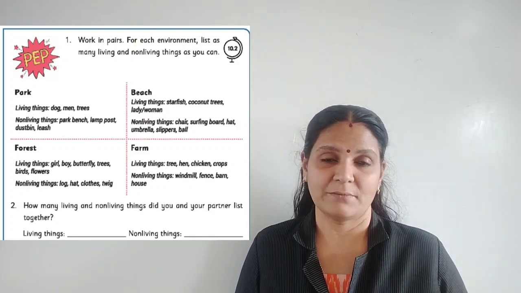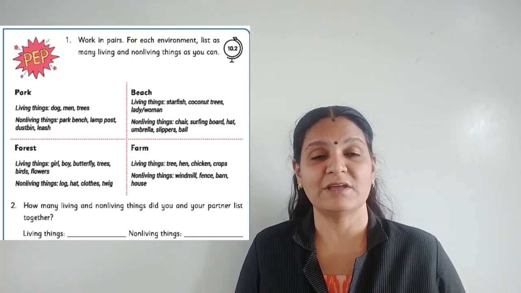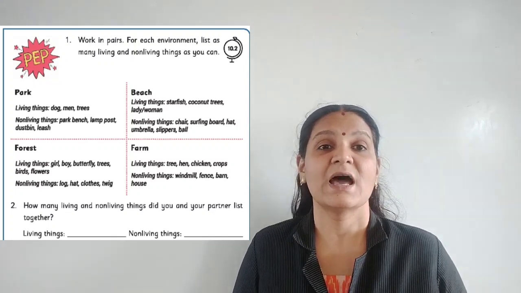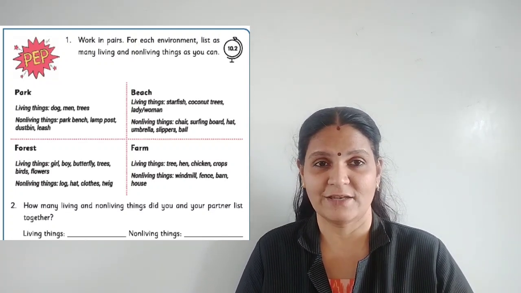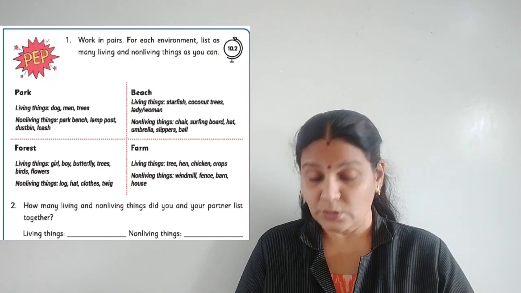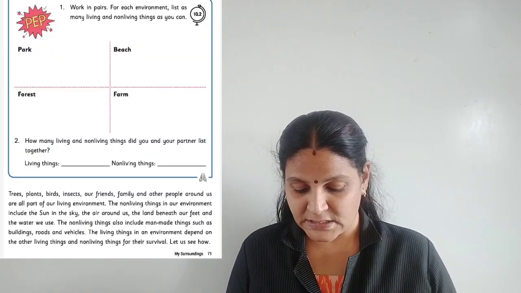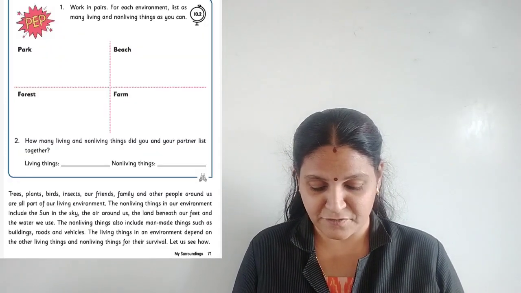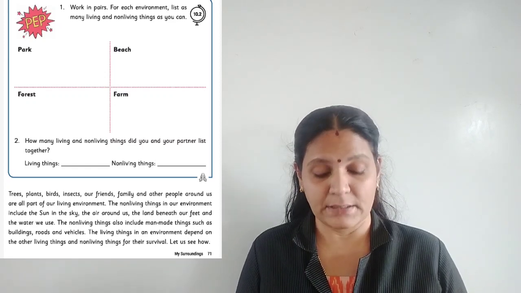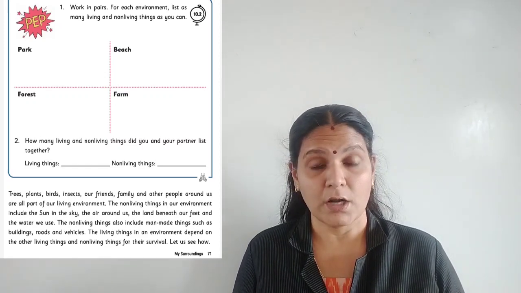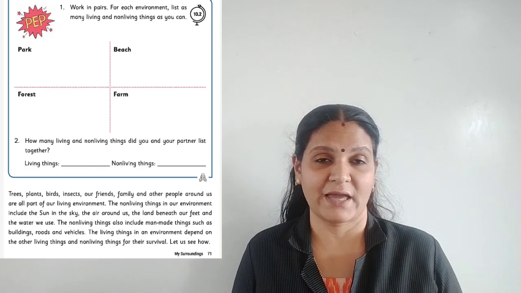So our environment consists of both living things and non-living things. Environment is the surrounding in which we live. So trees, plants, birds, insects, our friends, family and other people around us are all part of our living environment.